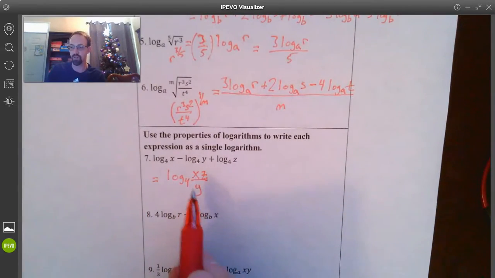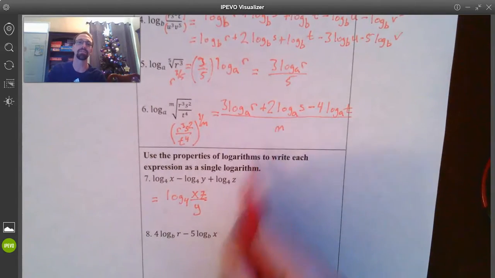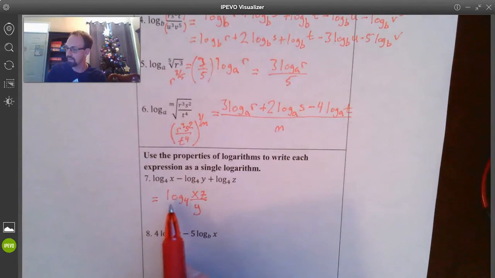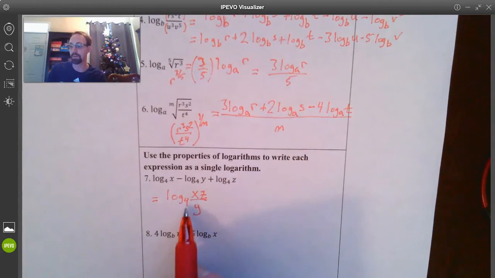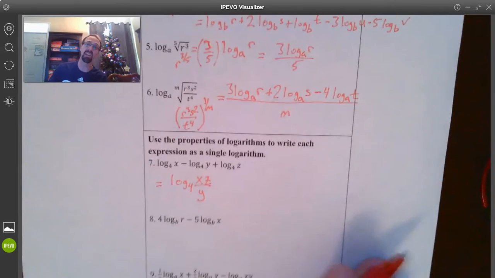I'm showcasing that this is different from dividing the whole thing by y, and these two are very different. So this is just xz over y, log base 4 of xz over y, as opposed to dividing the entire thing, log included, by y.